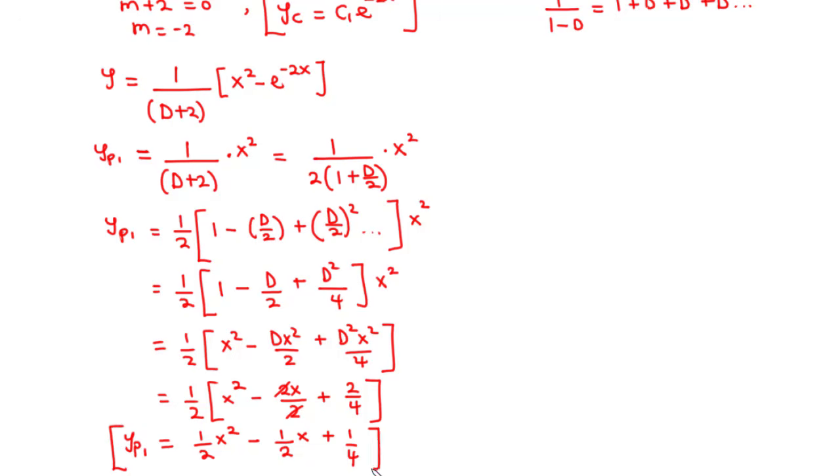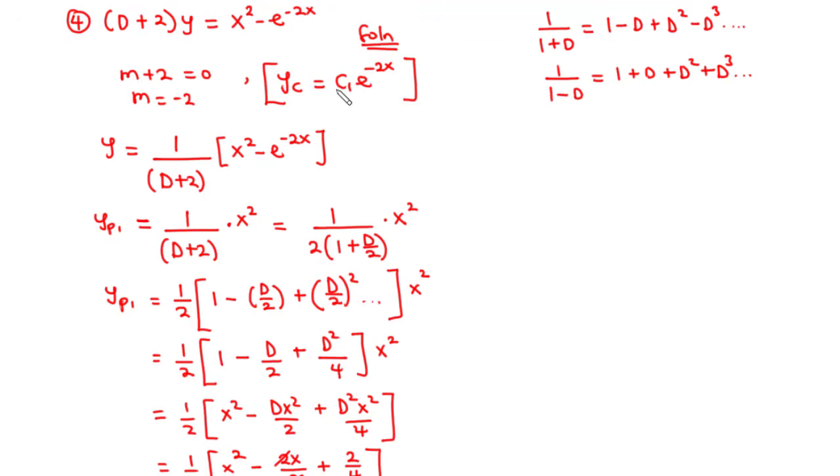Now let's try to solve for yp2. For yp2, we have 1 over d plus 2, also times e to the power negative 2x.